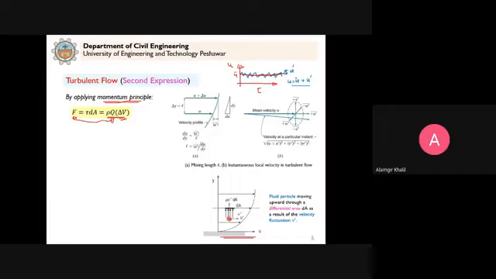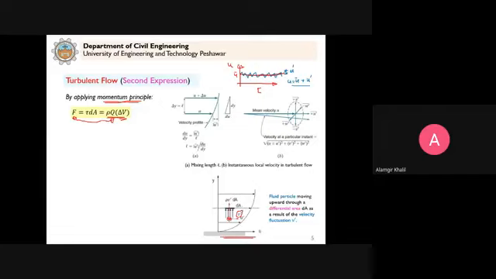So now you can see that this is a packet, a fluid particle, a packet of fluids, and in that case we have this fluctuating component. This fluctuating component is v dash.